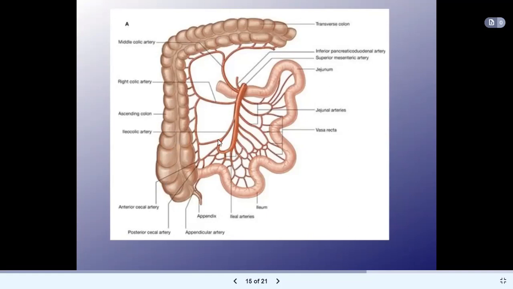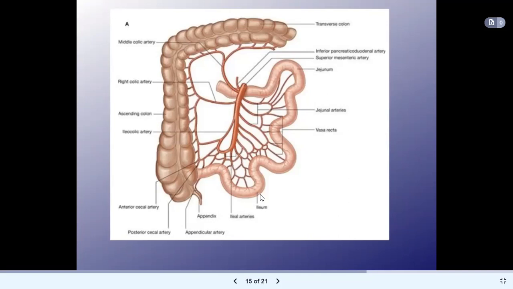Then you have the ileocolic artery supplying the junction between the ileum and the ascending colon. And then you have your jejunal artery supplying the jejunum, and your ileal arteries supplying the ileum.